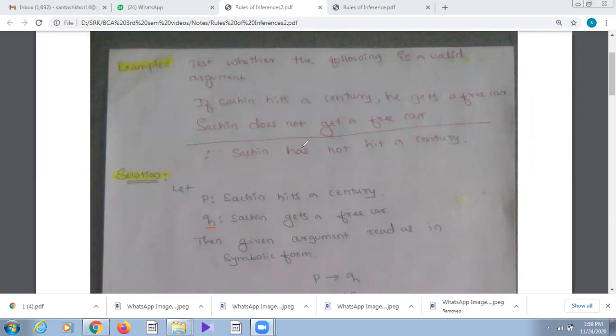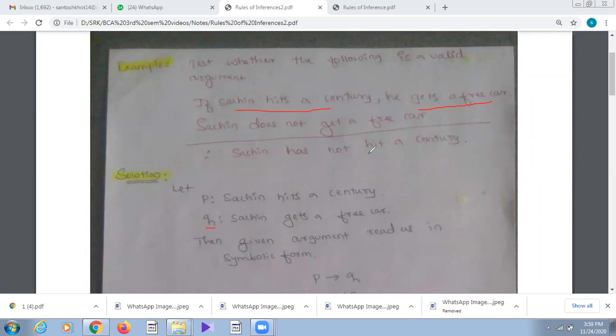So we identified one primary statement, and this is one more primary statement. Sachin does not get a free car: this is already there as he gets a free car, so you cannot take this, as it is the negation of that statement.